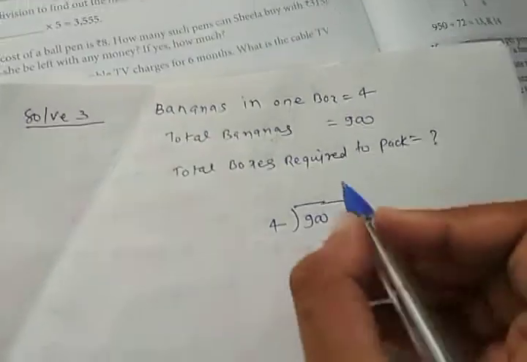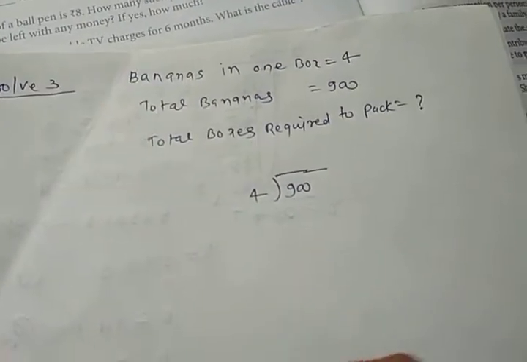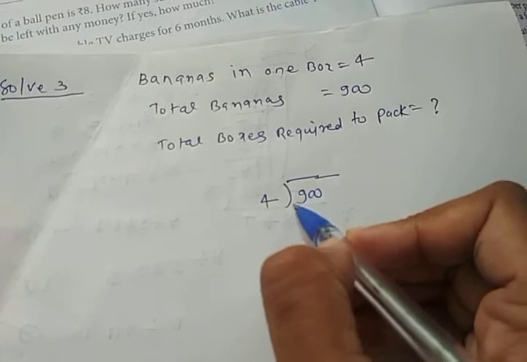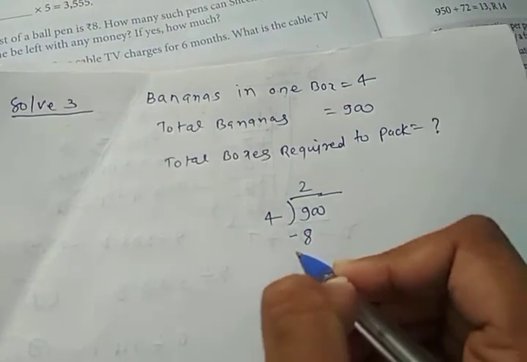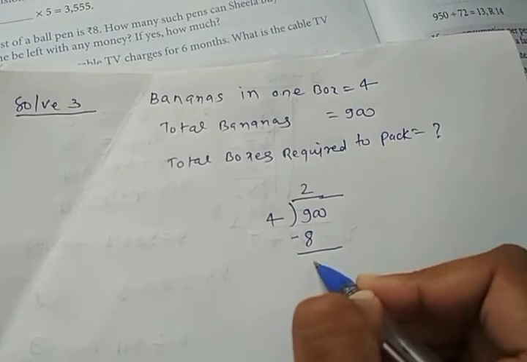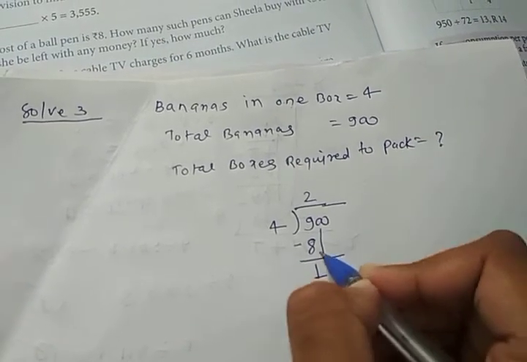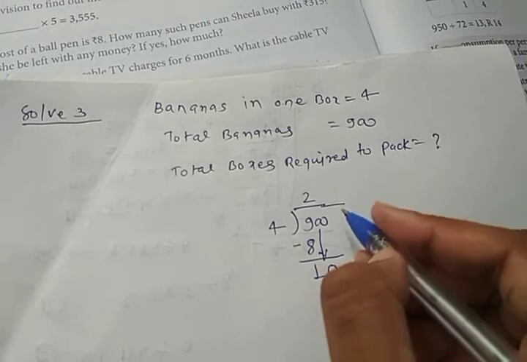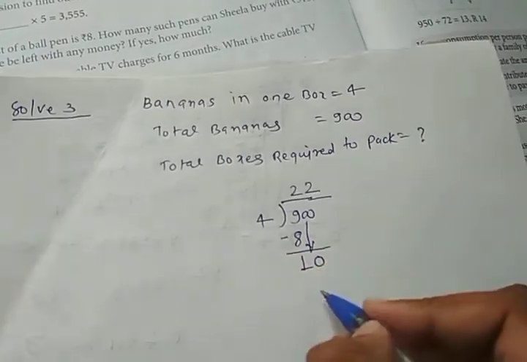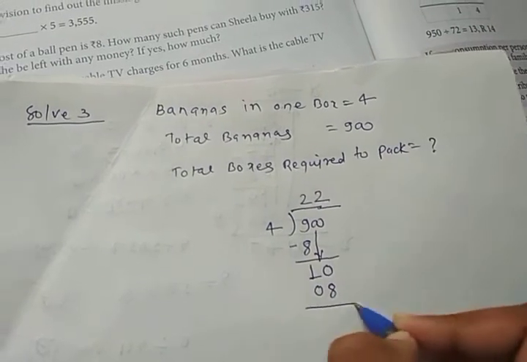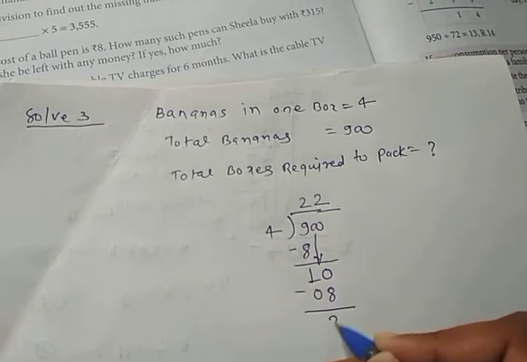So students, 4 1 is 4, 4 2 is 8, 4 3 is 12. 12 is bigger than 9, so we'll write 8 here. 4 2 is 8, so 9 minus 8 will be 1. Now bring down 0 here. 12 is greater than 10, so we'll do 2 times, so it will be 8, which gives you 2.